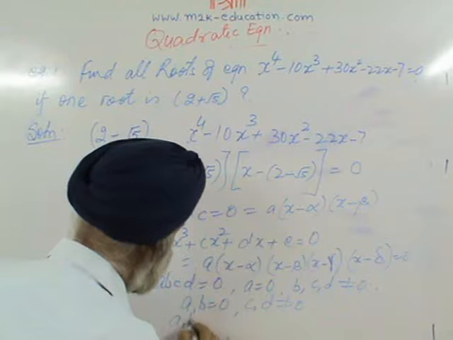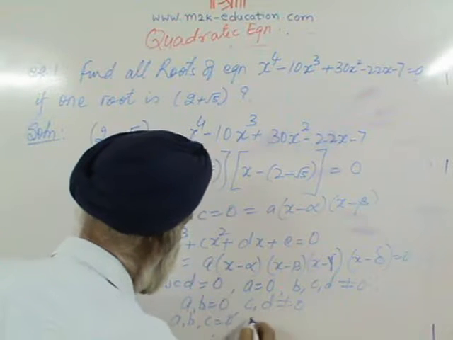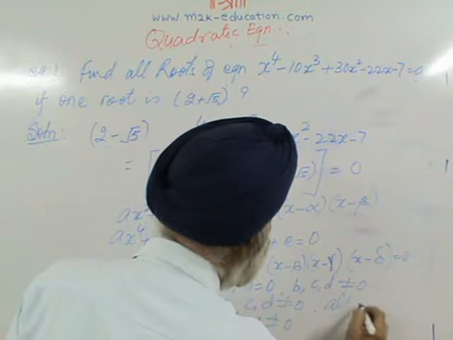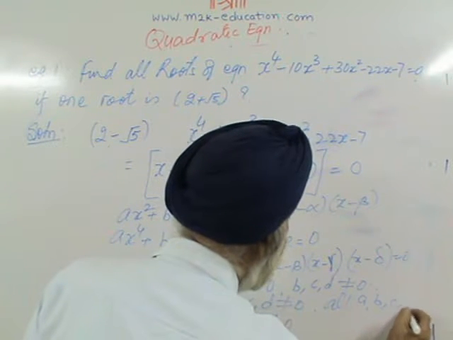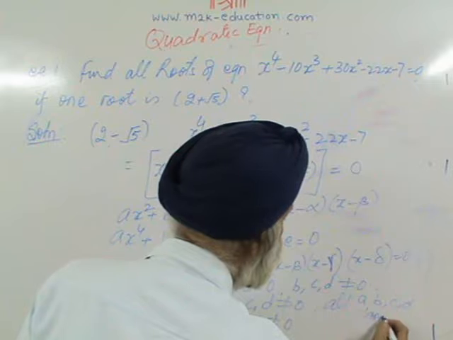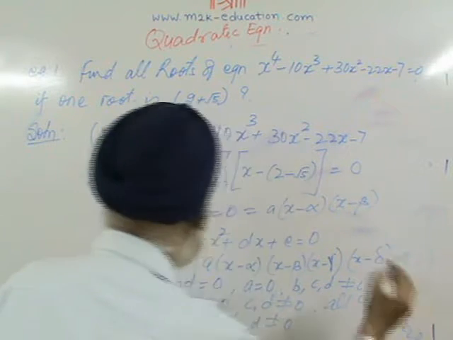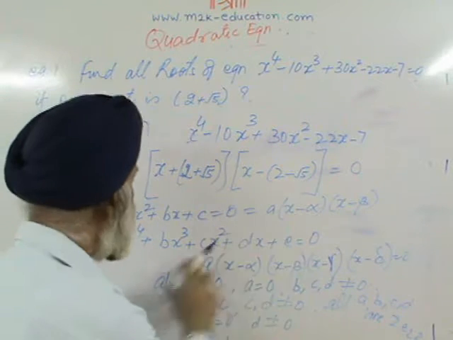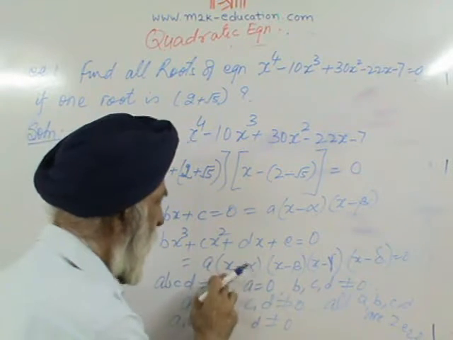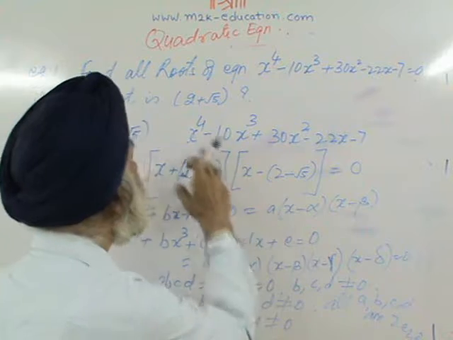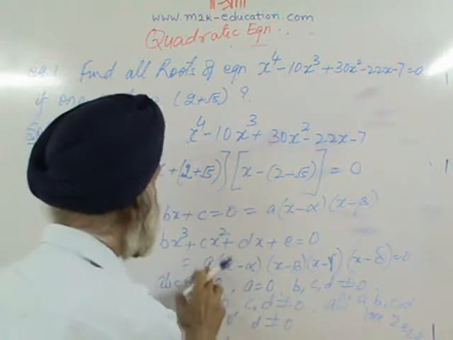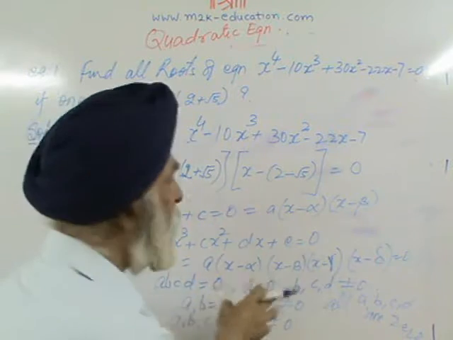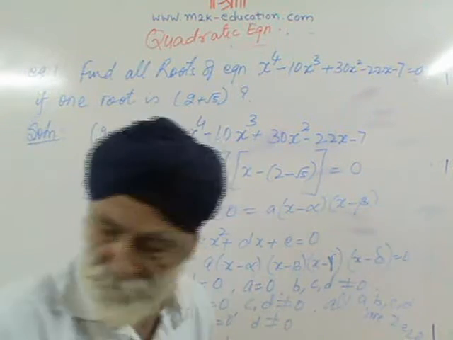A, b, c are 0, d may not be 0, or all a, b, c, d are 0. Now taking this as a, the two factors x minus alpha, x minus beta we substitute in. Since a is 1 here, it is not mentioned, or we need not mention.